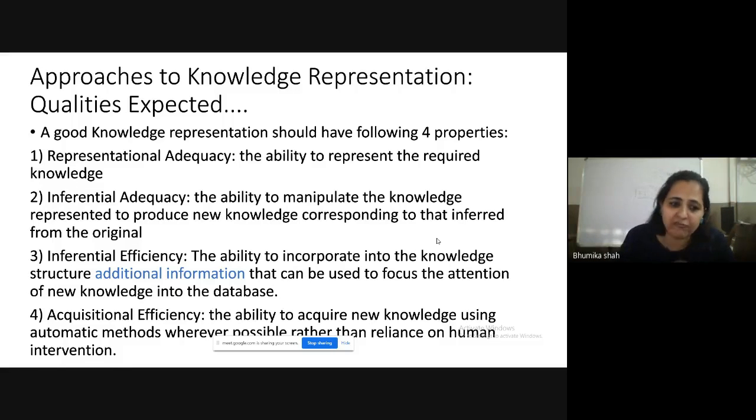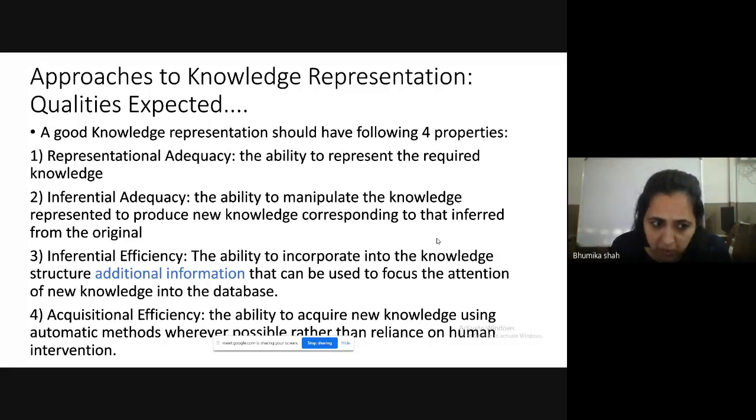That is called inferential efficiency. The ability to incorporate into the knowledge structure additional information that can be used to focus attention on new knowledge in the database. It means you should be able to update your knowledge base by adding whatever new inferred knowledge you have derived by point number 2.